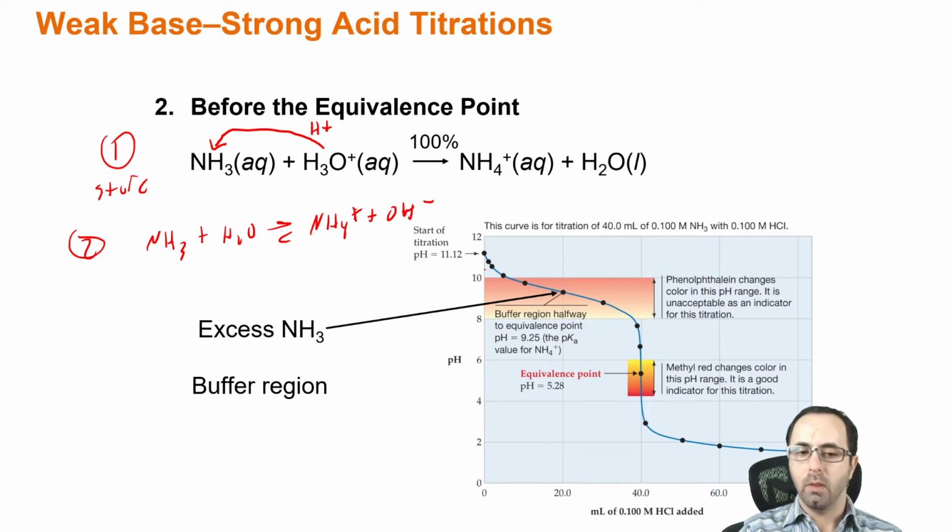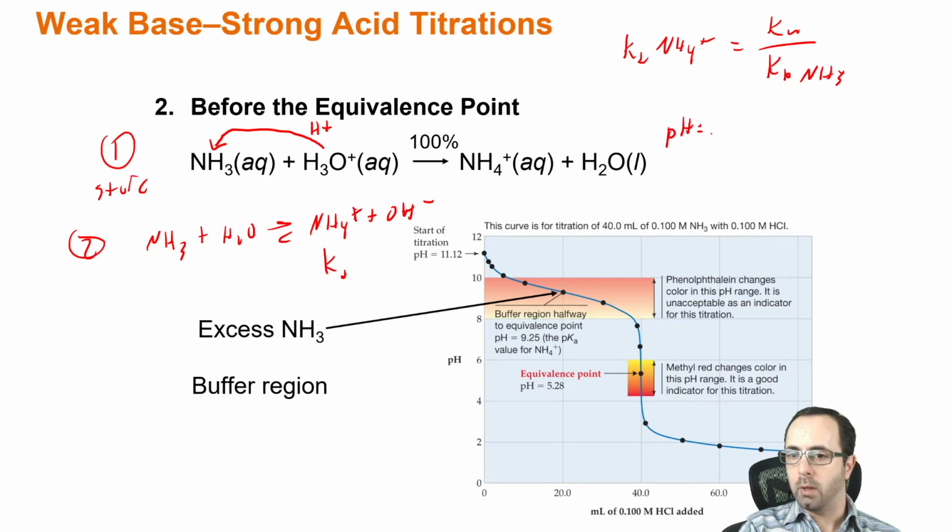What we do is flip this on its head, and we get the Ka for this species. The Ka for NH4⁺ is equal to Kw over the Kb of ammonia. Then we can use the Henderson-Hasselbalch equation anyway.